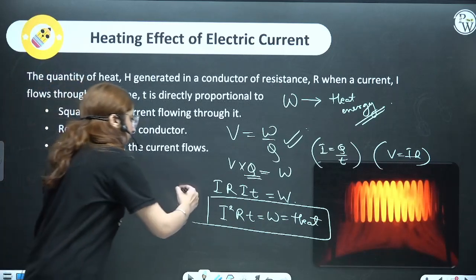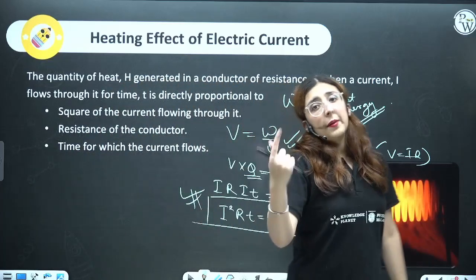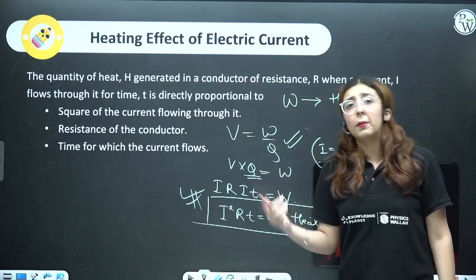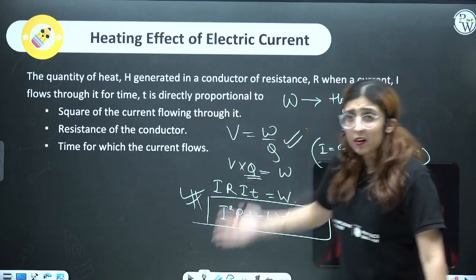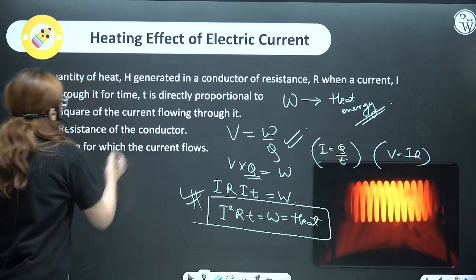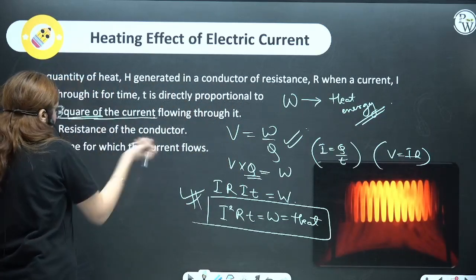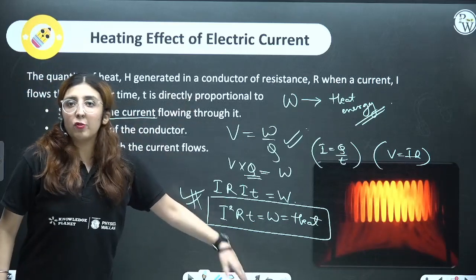More the current, more will be the heat, more will be the resistance, more will be the heat. For more time, more will be the heat. So quantity of heat generated in a conductor depends upon three factors: square of current, resistance and time. How it came into picture, I have shown you.